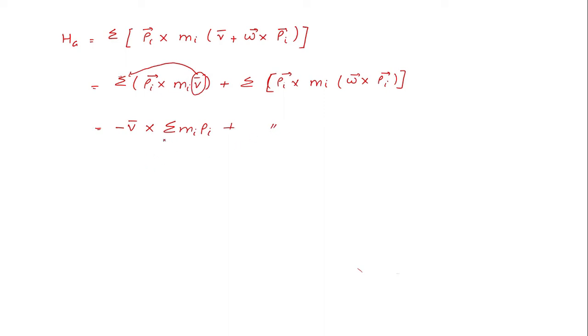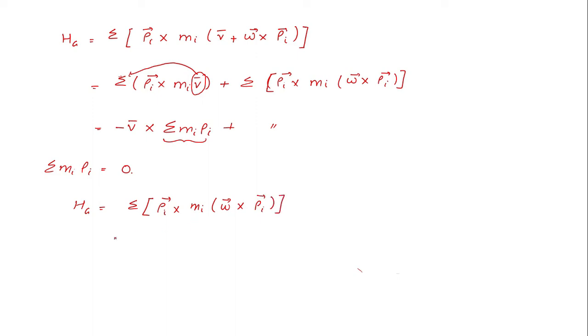Now here mi is the mass of the ith particle and rho i is the corresponding position vector with respect to the mass center. So as such, sigma mi rho i will be equal to 0. So you can write the equation Hg is equal to sigma rho i vector cross mi into omega vector cross rho i vector.